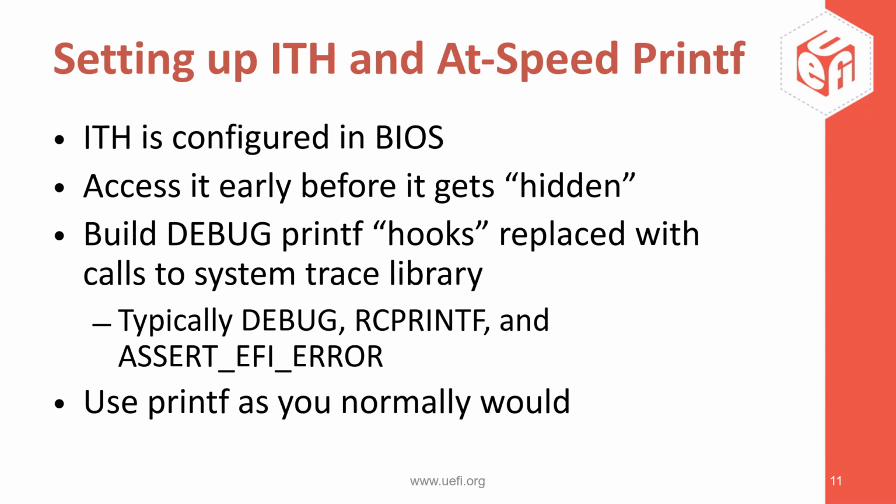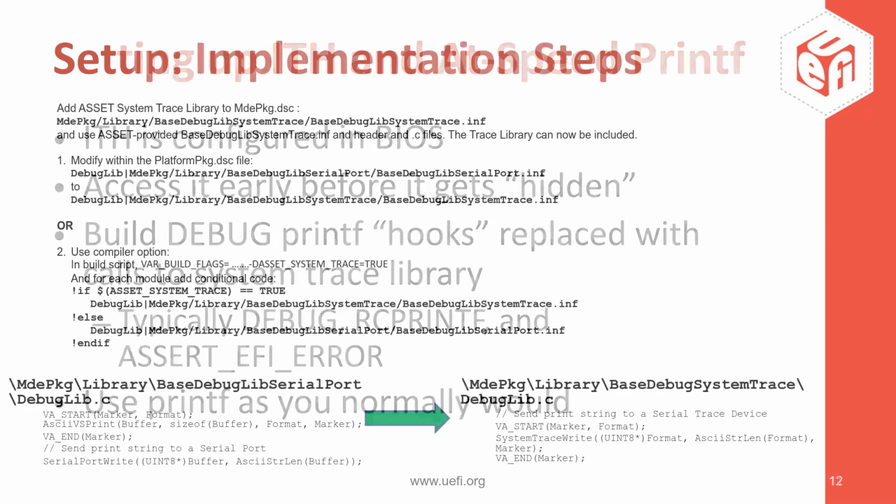And I'll show in a minute, peel the onion back a little bit more, in terms of how that's done. But once you make those changes, rebuild your image, and you can use Printf as you normally would, either at-speed Printf for the whole build, or at-speed Printf for just the modules of interest.